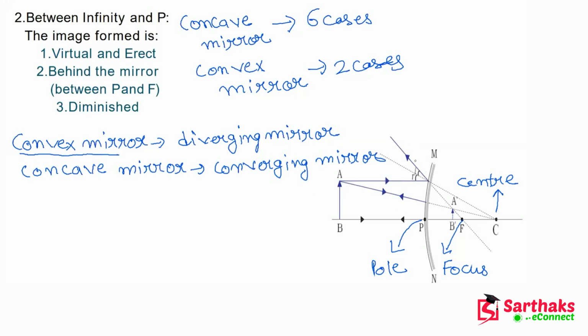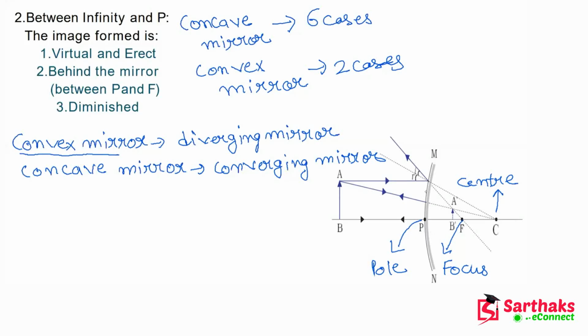So it will diverge rays like this. This appears to be coming from this point F because the incident ray is parallel. If a ray is parallel to the principal axis, then it appears to be coming from, or passing through, the point F. Now there is another ray which appears to be passing through the center of the convex mirror.